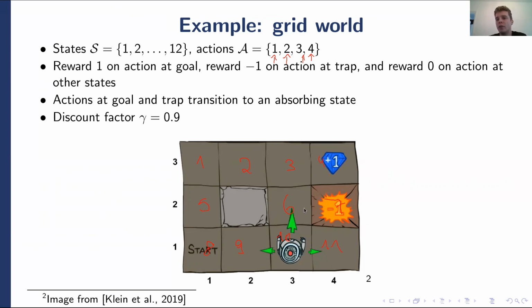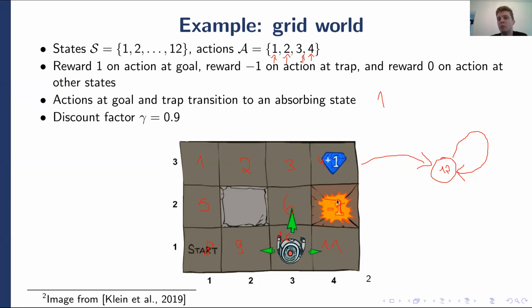And it will always also receive 0 reward for moving into this state or for moving into this state. However, once the agent is in this state, whatever action the agent takes, it observes a reward of 1. And it transfers to what I called, remember, an absorbing state, which is the 12th state. And from this state, no matter what the agent does, the agent will be trapped here forever, and it will not obtain any more rewards.